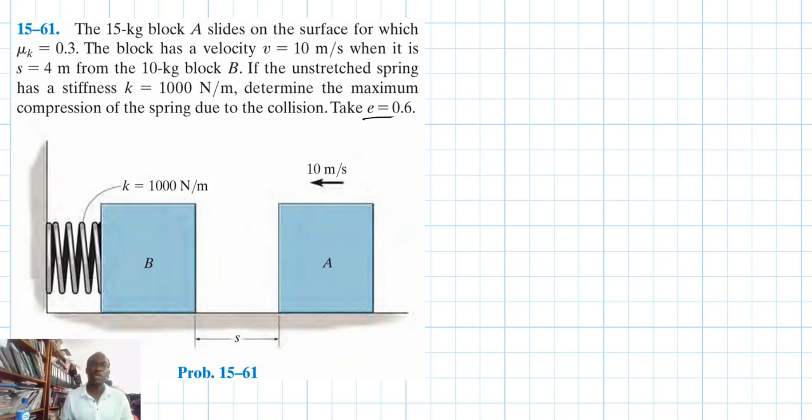An example is a hammer striking a nail. So then let's start with this. Before collision, right? So what do we do before collision? The idea is to find the velocity just before it hammers this.